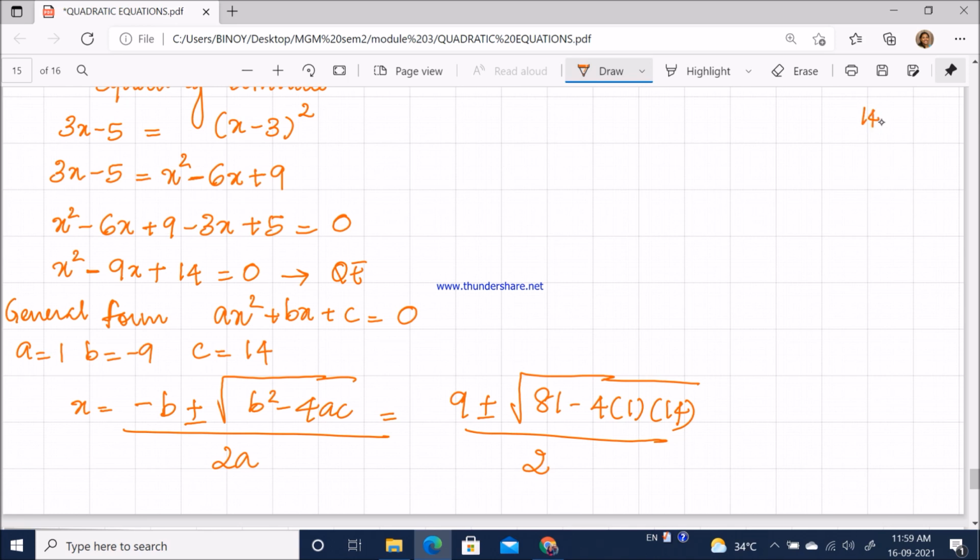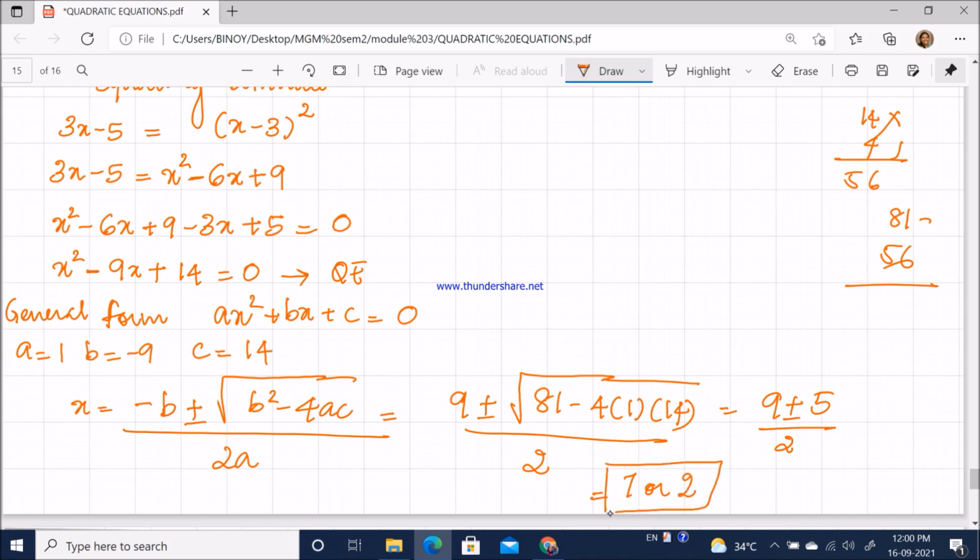So 14 into 4 is 56. So 81 minus 56 is 25. So 9 plus or minus 5 by 2. So the root will be 9 plus 5, 14 by 2, that is 7, or 9 minus 5, it is 4 by 2, that is 2.